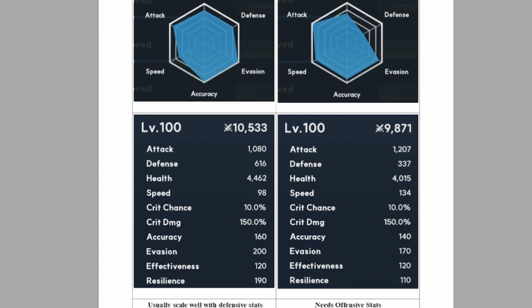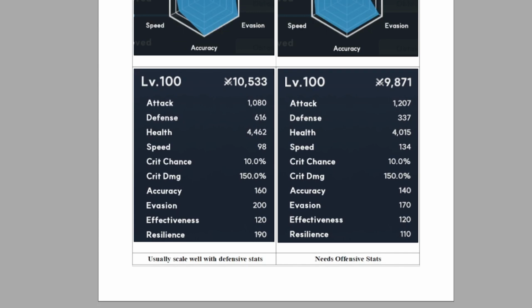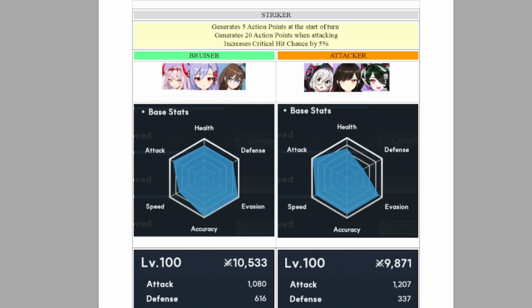The attack of the attacker is higher compared to the bruiser, the defense is far lower, the health is slightly lower, the speed is far higher, the crit chance is at 10% like mentioned from the passive. Accuracy and evasion are higher for the bruiser, but other than that, you don't see it here, the multipliers for the attackers feel way stronger.